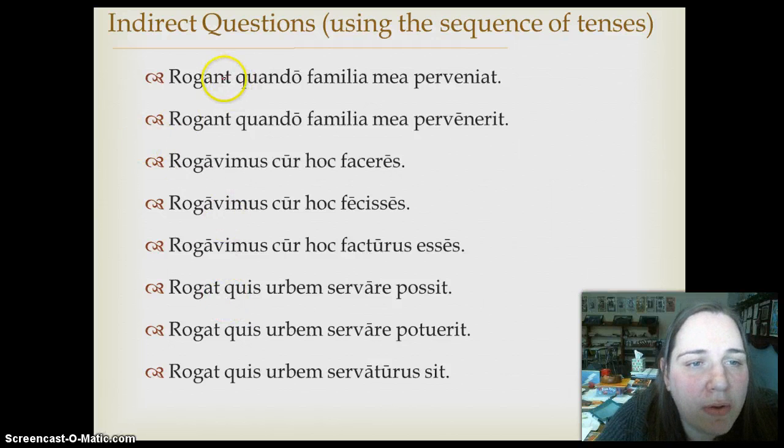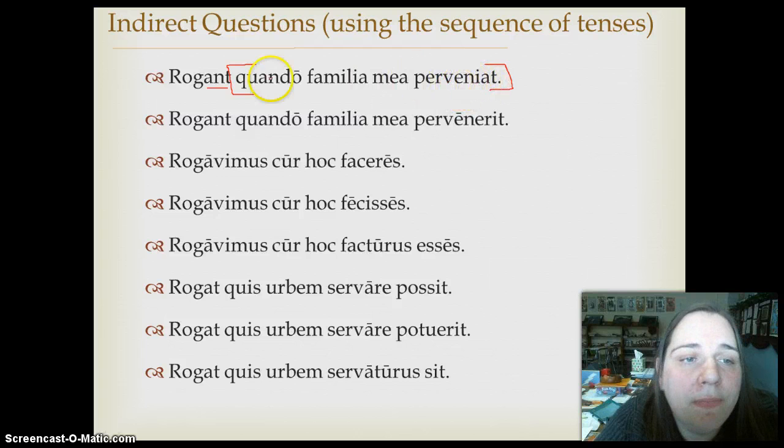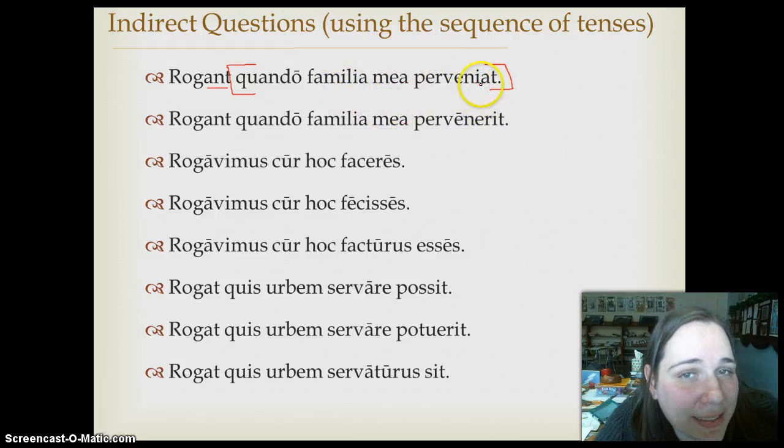Our first one, rogant quando familia mea perveniat, okay? Rogant is our main verb. Our subjunctive subordinate clause, which is the indirect question, starts with our question word quando, and then we have our subordinate here. They ask, when my family perveniat. That's a present subjunctive, so it tells us it's happening at the same time as rogant.